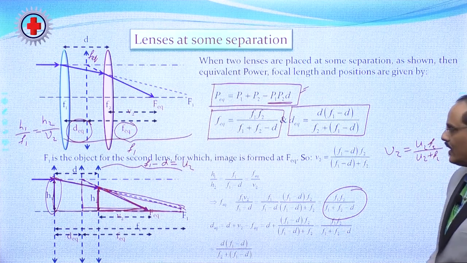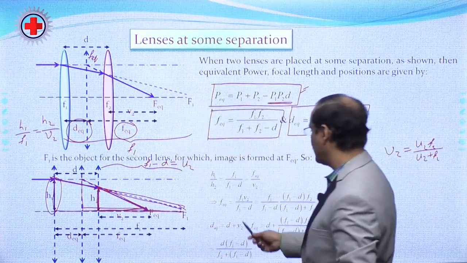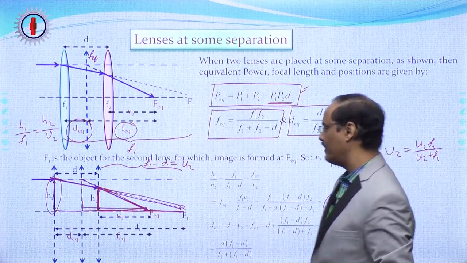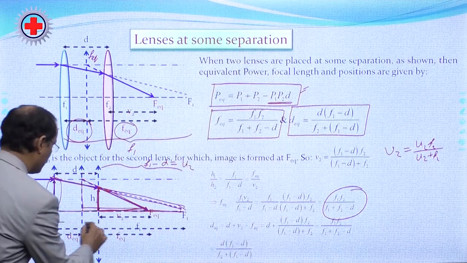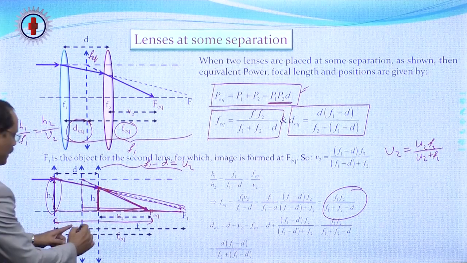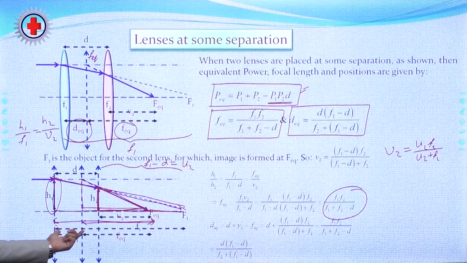How to get d equivalent? You could get d equivalent as d plus v2 minus f equivalent. Let us see. d plus v2 is this particular distance, and from it if you subtract f equivalent, you get d equivalent.